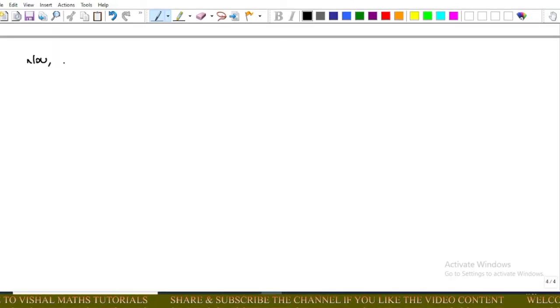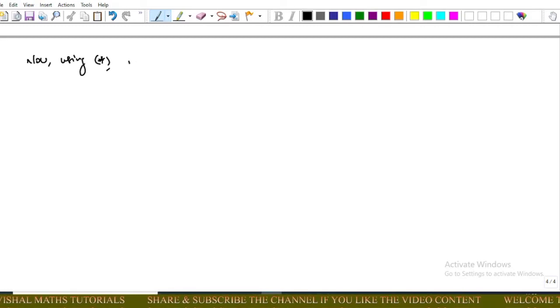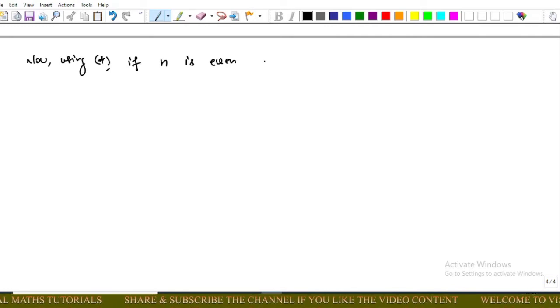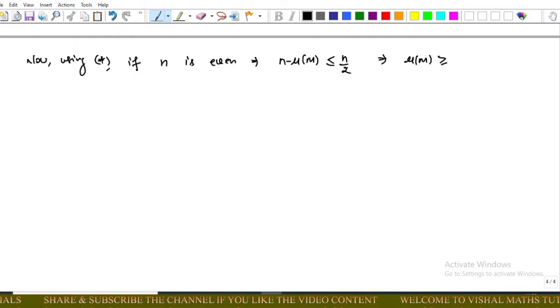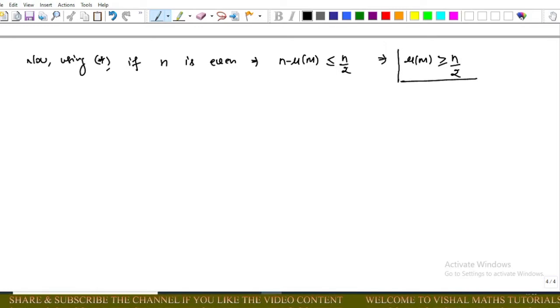Now using the star equation, if n is even, this implies that n minus nullity of M is less than or equal to n upon 2. This implies that nullity of M is greater than or equal to n upon 2. Note this inequality.